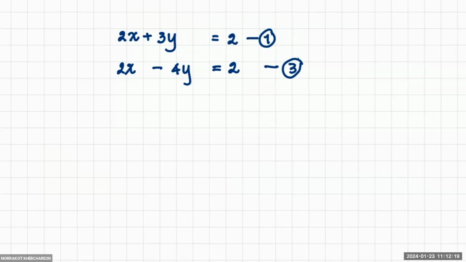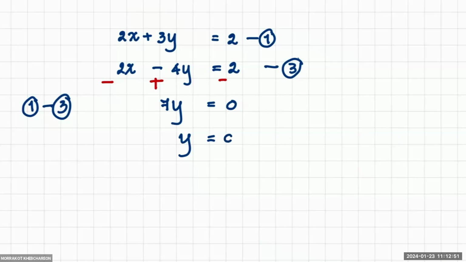Then I take equation number 1 and subtract equation number 3. When I subtract, you change the sign. So I get 7y equals 0. This means y is 0.